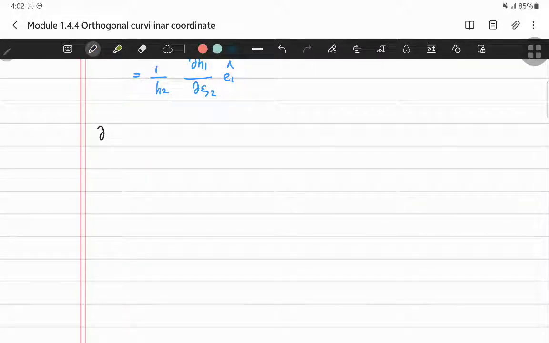Next, we have E3 with respect to Z3. We have gamma 3, 3, E gamma.